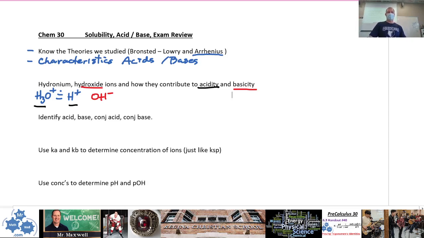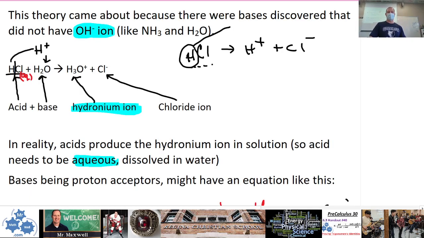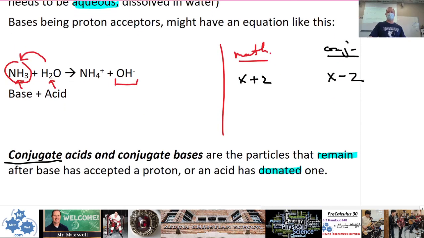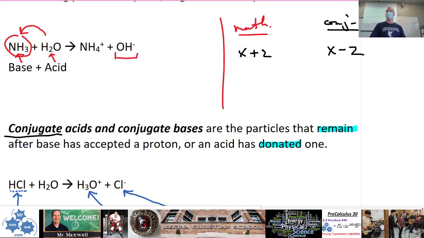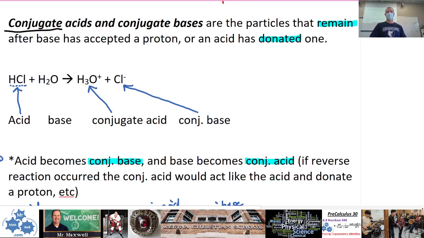So you will remember as well that we talked about in our notes identifying conjugate acids and bases, right? We talked about what a conjugate was. Conjugate acids are what the base becomes, and conjugate bases are what the acid becomes. So in this example where we have HCl reacting with water, okay, HCl clearly is the acid. We all know that that's a really strong acid.